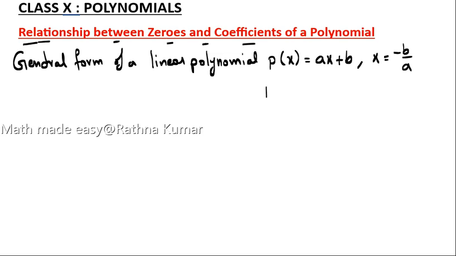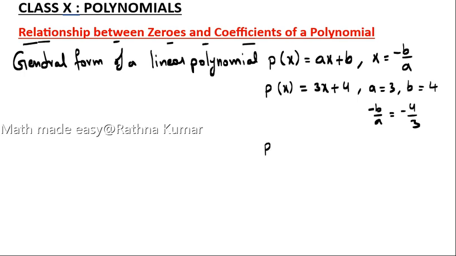For example, we'll take one linear equation 3x plus 4. Here we can say a is equal to 3 and b is equal to 4. Now what will be minus b by a? That is minus 4 by 3. So if you substitute minus 4 by 3 in this linear equation, that should be equal to 0.